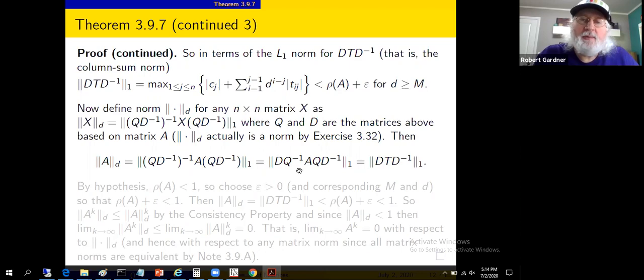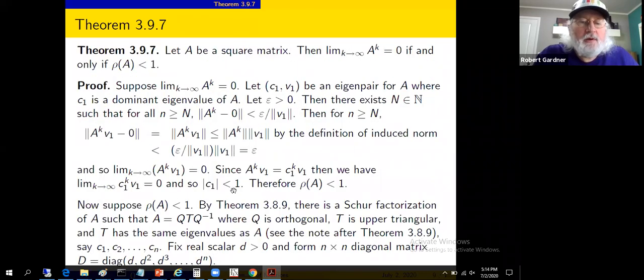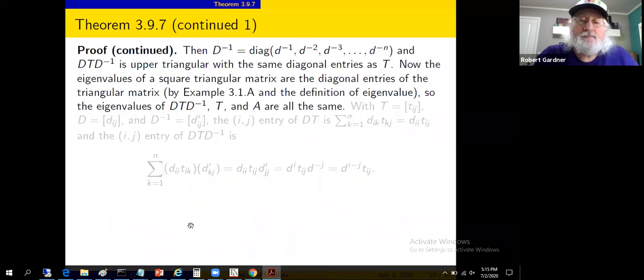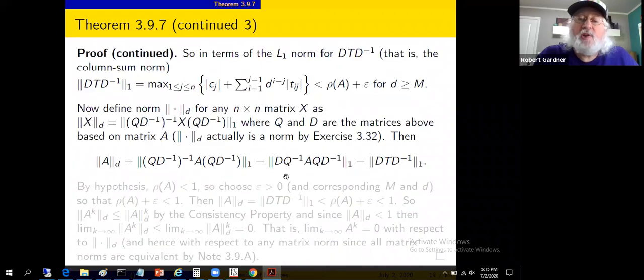So excuse me, I have to go back 3 slides. Here it is. A equals QTQ inverse. Ain't that what I said? Well, the Q's were on the other side. It read Q inverse AQ equals T. Q inverse AQ equals T. Okay, so we got the substitution there.